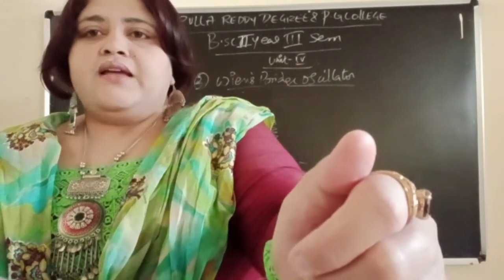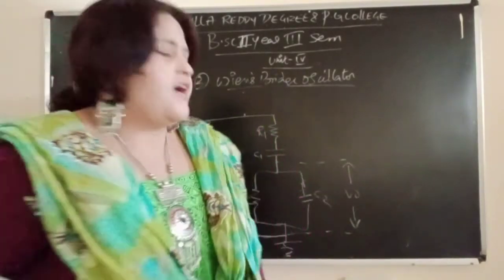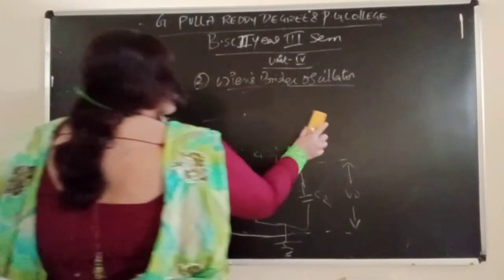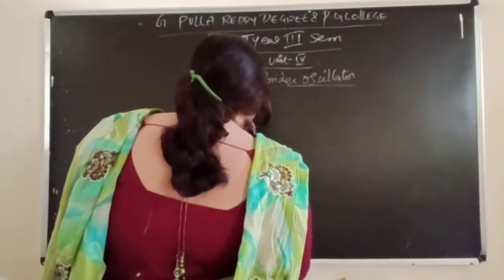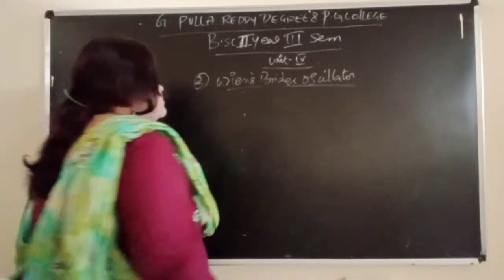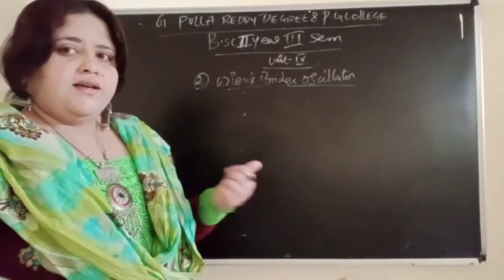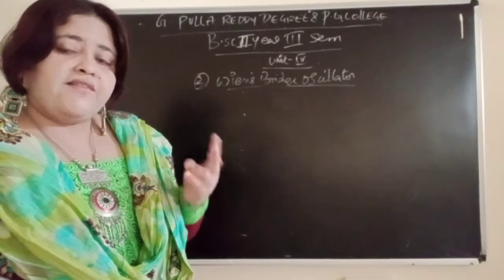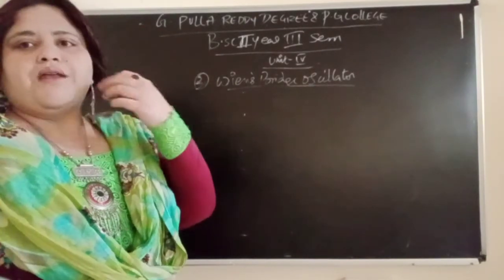Now we have seen the basic principle of the bridge network. Once again I am drawing it, see here. The feedback network consists of a resistor and a capacitor, and it has two arms, upper arm and lower arm.